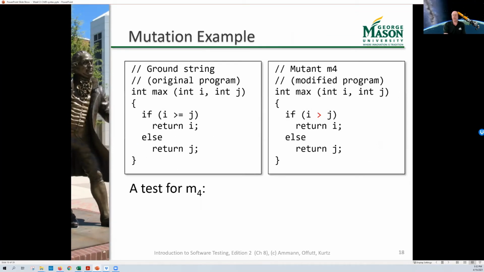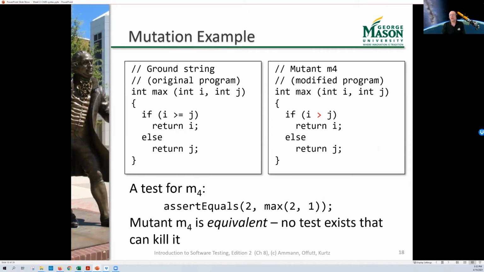And so actually, let's go back to this one for a moment. We called this mutant equivalent. We called it equivalent because it always returns the same value as the original. So this mutant cannot be strongly killed, but it actually can be weakly killed, because if i is equal to j, then in the original, the program counter, the flow of execution, runs to return i, whereas in the mutant, the flow of execution goes to the else.